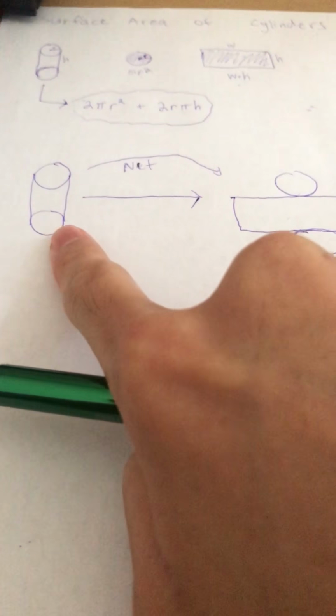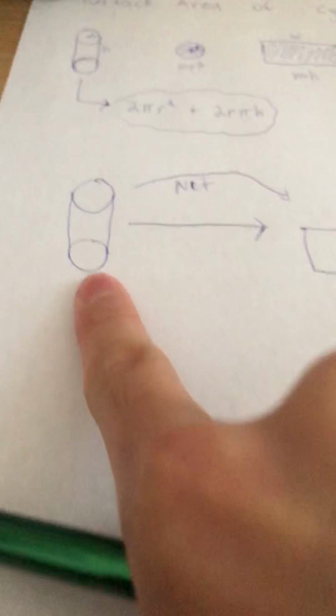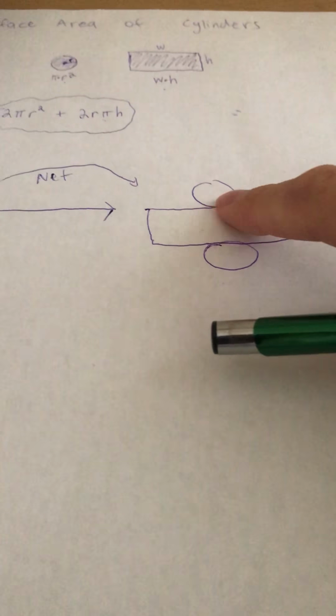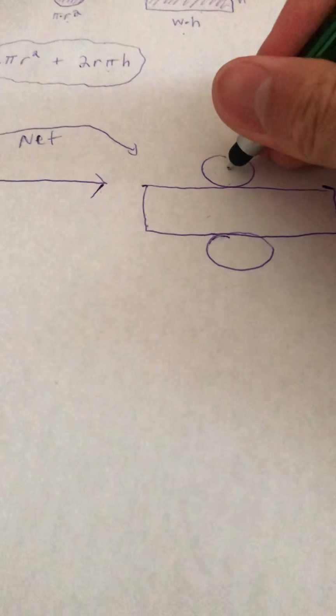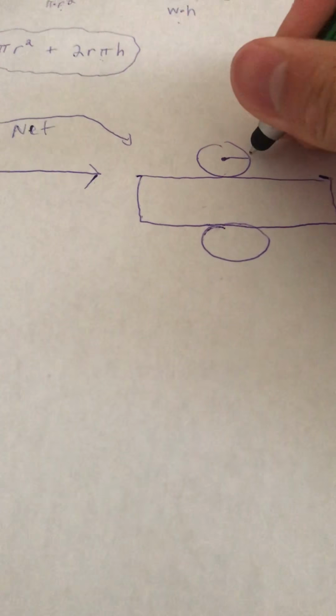We have this cylinder and we have its net. You can find its total surface area by finding the area of its components and adding them up. As you can see, the components of this cylinder are a circle, another circle, and a rectangle. Now let's label some stuff.